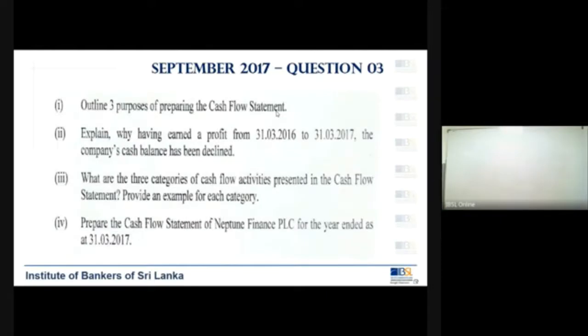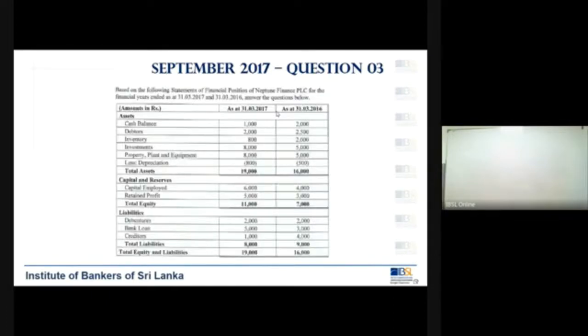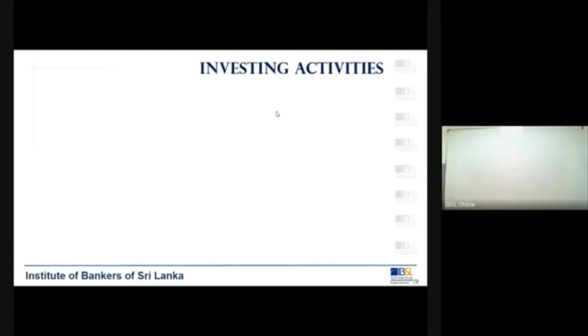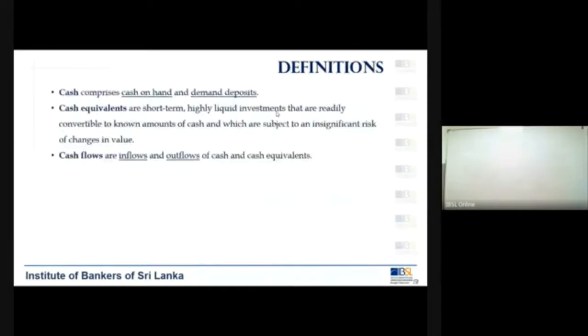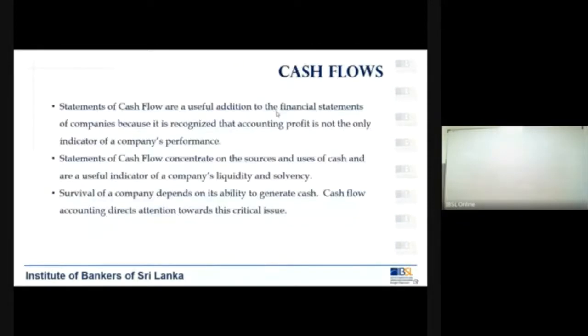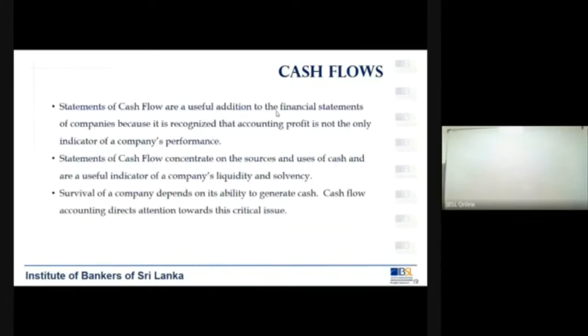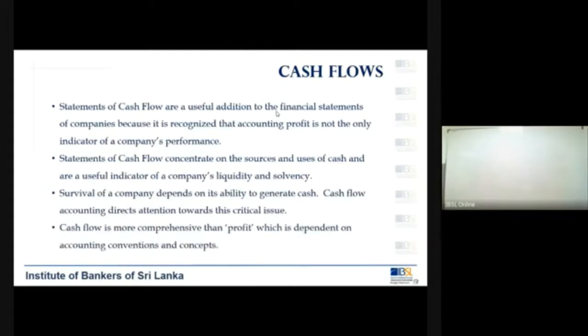Explain why, having earned a profit from 16 to 17, the company's cash balance has declined. Yes, you tell me the reasons. Do you have it? The reasons are on screen now. What does it say?